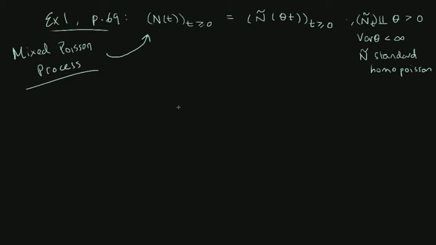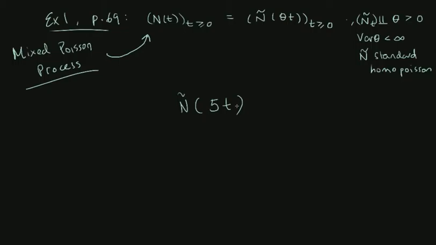And we also recall from the earlier chapters that if I have a standard homogeneous Poisson process Ñ, and I decide to transform the time inside with, for example, some number, 5, then what does this mean? Well, this means that I speed up the time of the standard Poisson process with a factor 5.